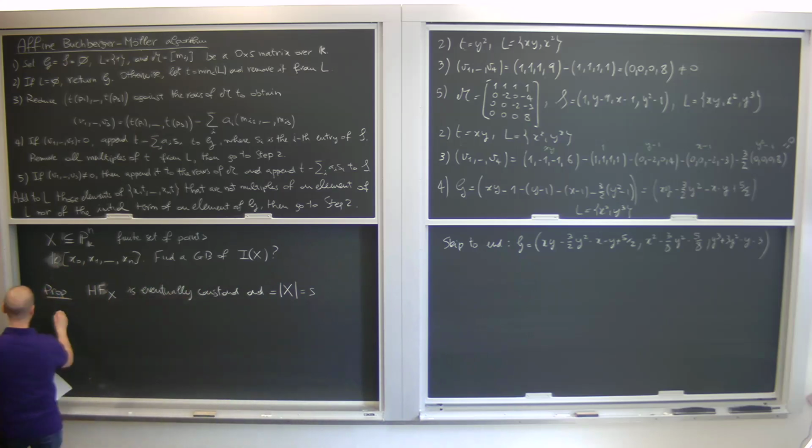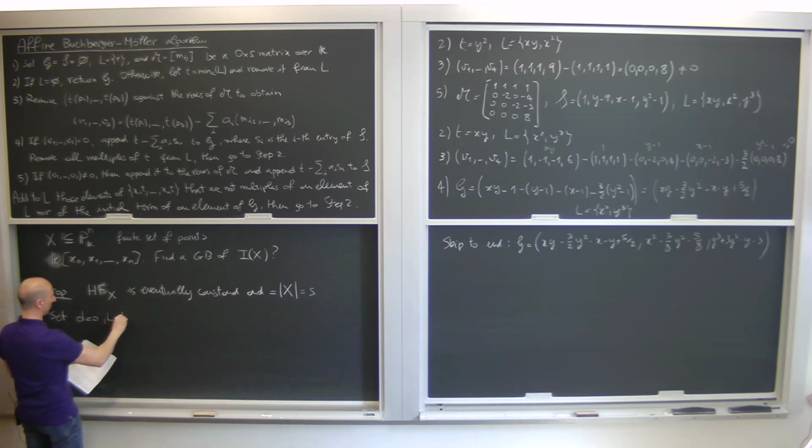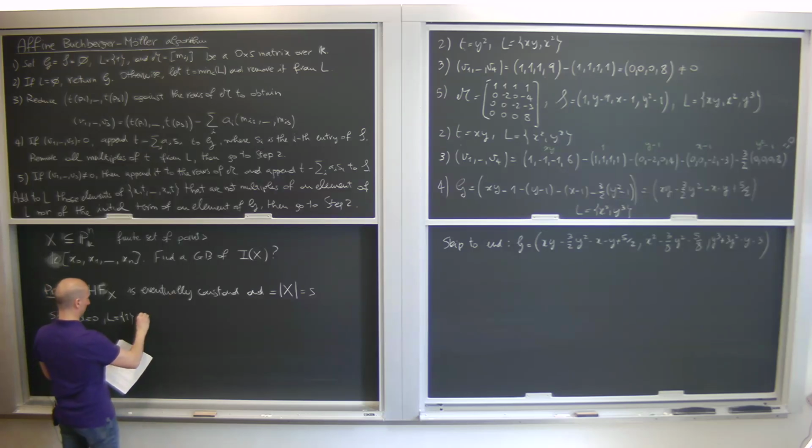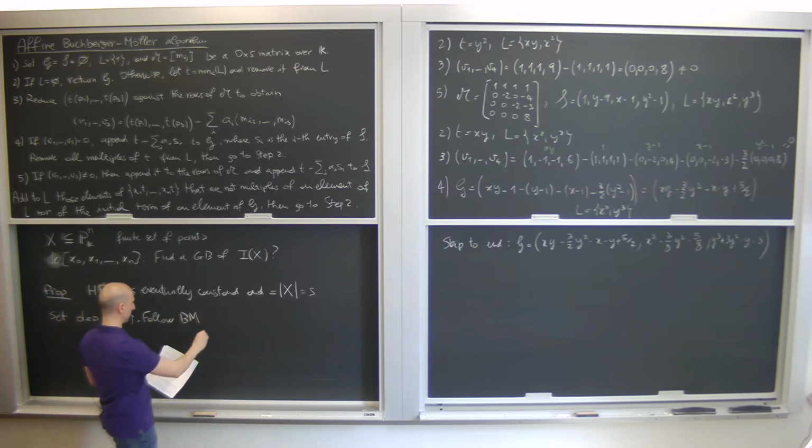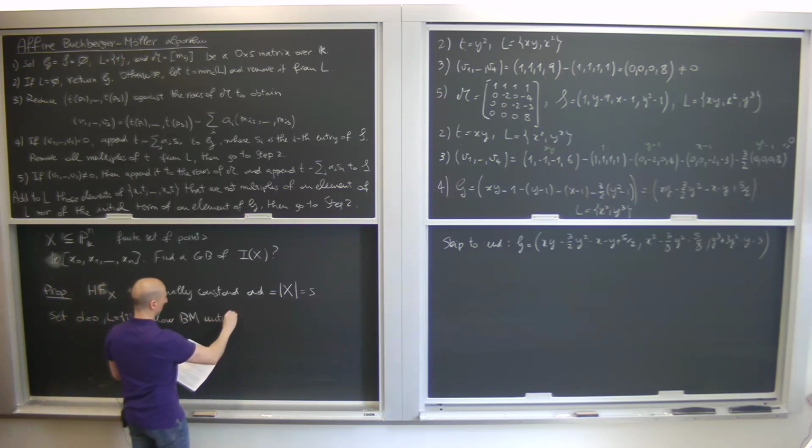So I'm going to give you a summary of what changes. Set D equals 0 and L equal to 1. Follow the Buchberger-Möller algorithm until L has been emptied out.